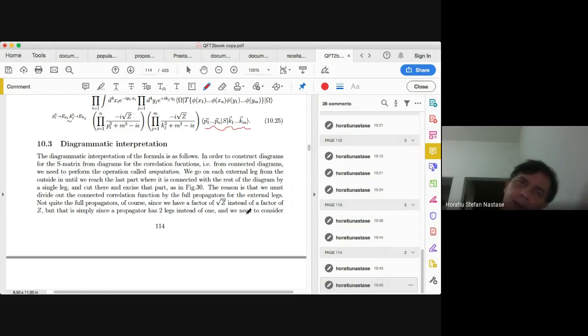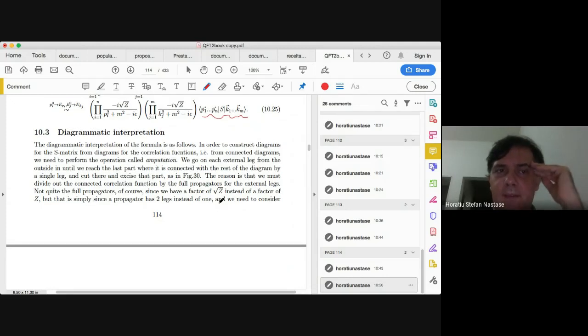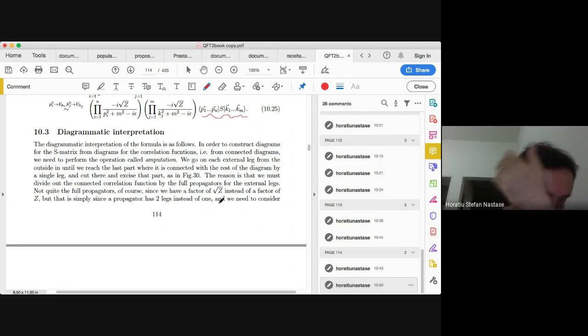What does it mean now diagrammatically? Diagrammatically, we have to understand what it means from the Feynman diagrams for the S matrix. So how do we obtain the Feynman diagrams for the S matrix from the Feynman diagrams for the correlation functions?